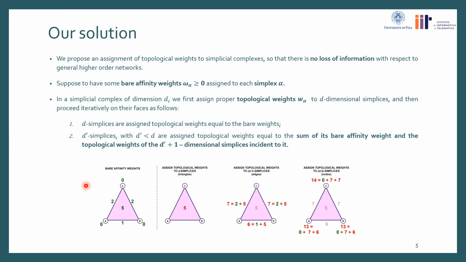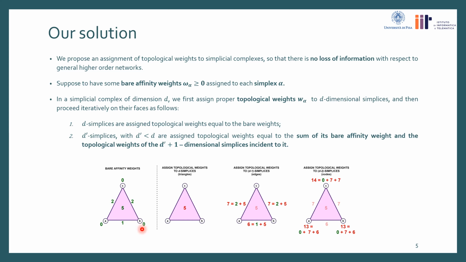So this is an example to explain the assignment referring to a simplicial complex of order 2. Let's start by some bare affinity weights, the green ones, assigned to the triangle. Then we proceed starting from the simplices of maximum order, so triangles, and then go down till the simplices of order 0, which are vertices.